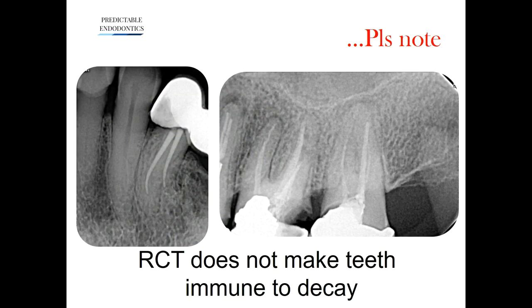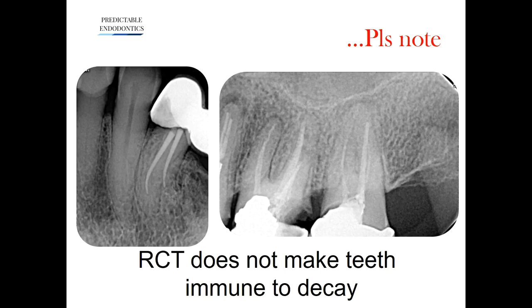Having discussed all this about access cavity preparation, it would be extremely incomplete if we do not discuss this one point as well. What you're looking at here is a very common clinical scenario that we all will come across. Most often, the reason for this is incomplete caries removal during the access cavity preparation.